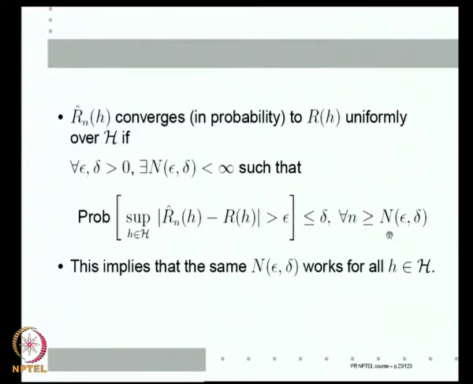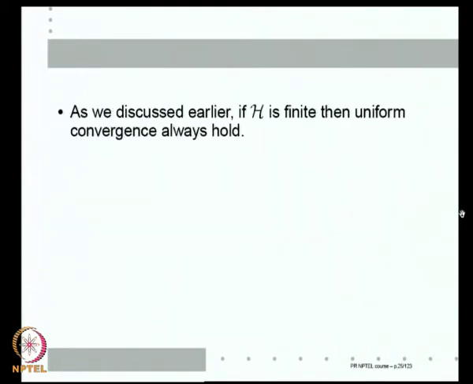If I take one capital N, that capital N should work for all h. Now, for every h, because of the law of large numbers, there would be a capital N, maybe dependent on h. But if there are only finitely many h's, I can take the maximum of all those N's. So, this will always work. That is the whole idea of why, if H is finite, then uniform convergence always holds.